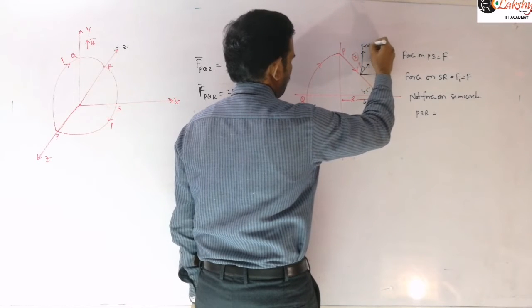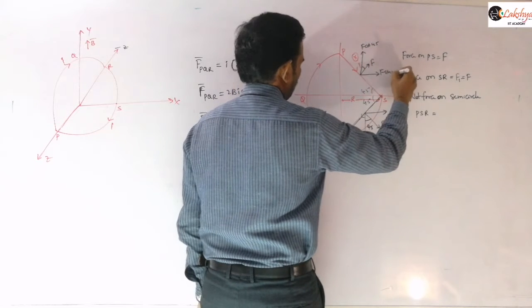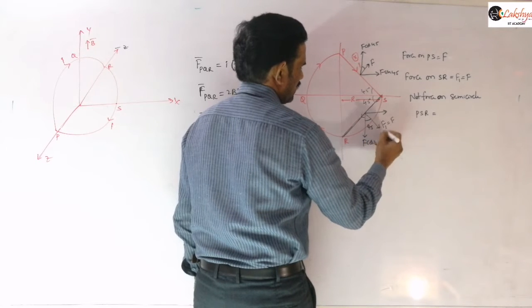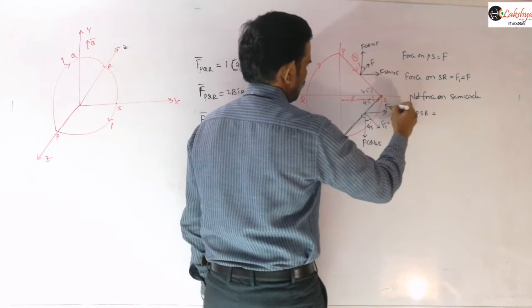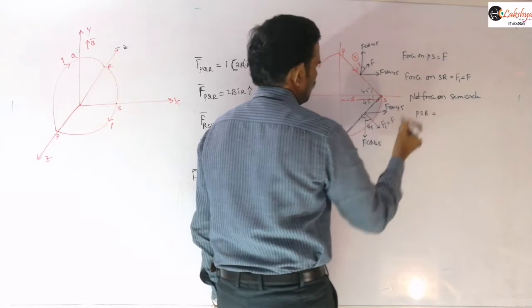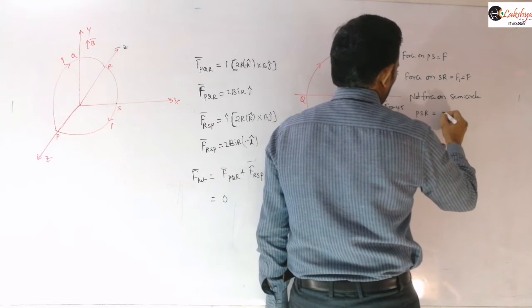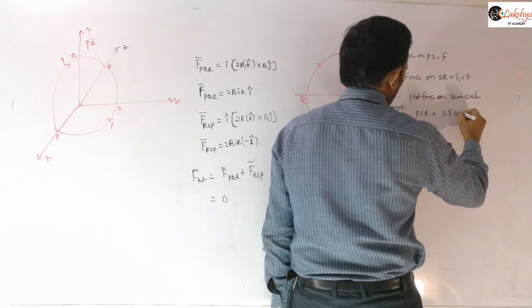So F cos 45. And similarly for this F cos 45, this will be F sin 45. And so that force will be equal to 2F sin 45 you can write.